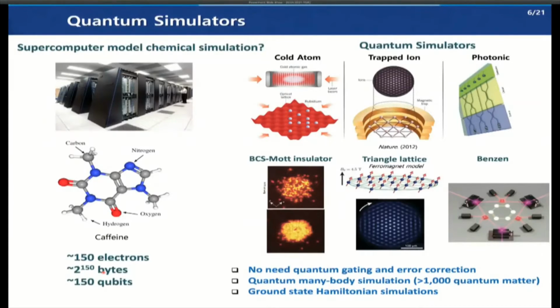It is a simpler structure. Based on these systems, we can learn and simulate many-body quantum systems and solve the ground state of the Hamiltonian.